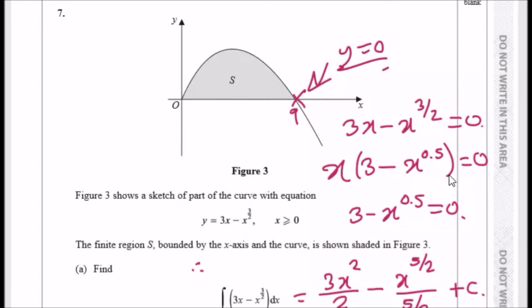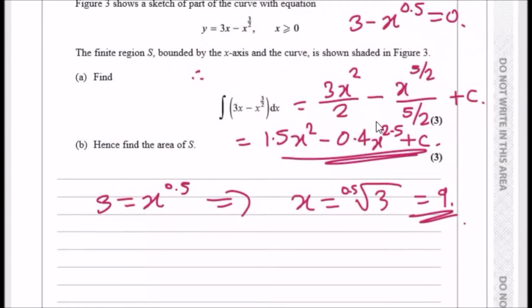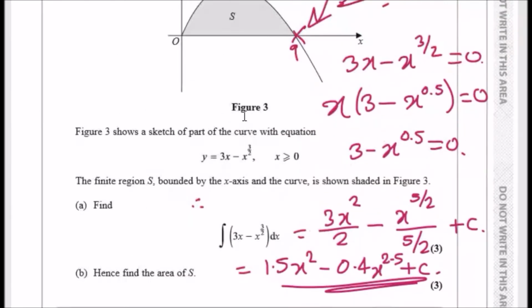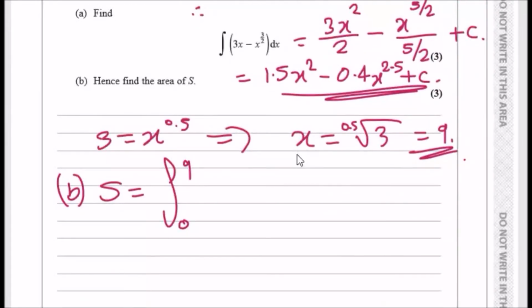So all we have to do, guys, is just integrate from 0 to 9 of this equation. And since we already integrated over here, we can just find the area in part B. So part B is S. So we can say the region S equals the integral from 0 to 9 of the curve, which we already know, and we've already solved it.